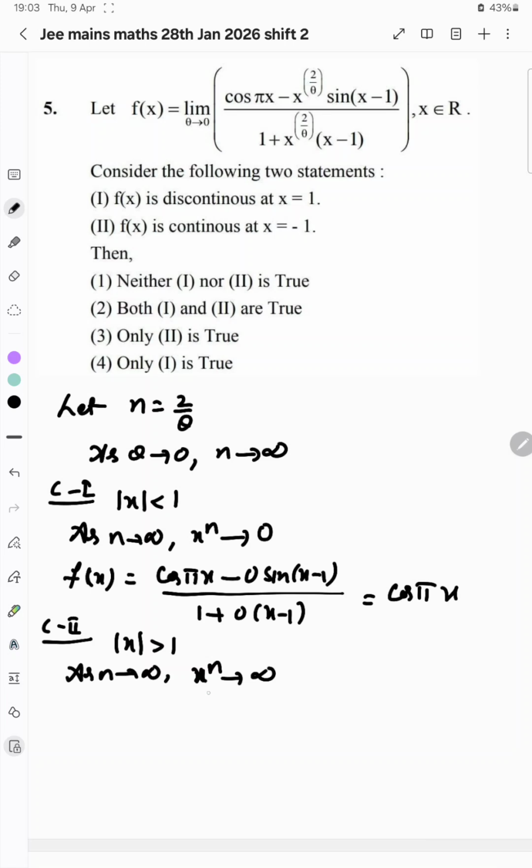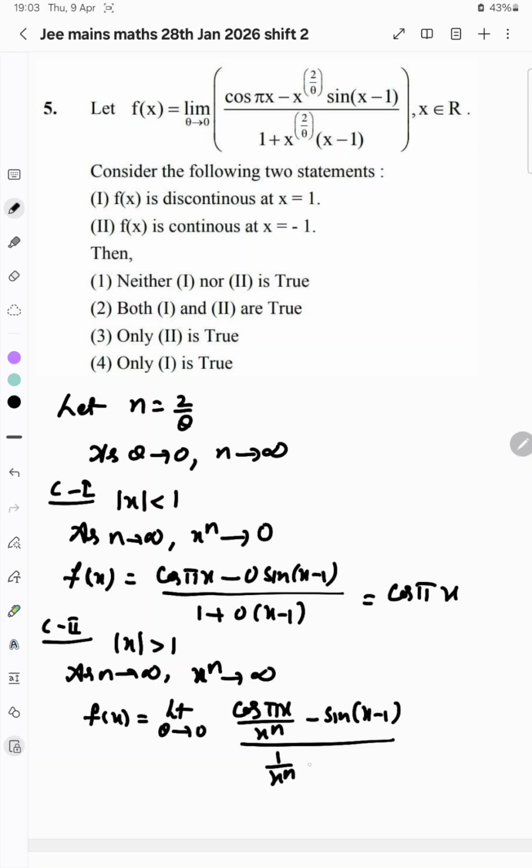To find the f(x) value in these cases, whenever infinity is coming, we divide both numerator and denominator by x^(2/θ). So the limit as θ tends to 0 becomes (cos πx / x^n − sin(x − 1)) / (1/x^n + x − 1). Now x^n tends to infinity, so 1/x^n tends to 0 only.